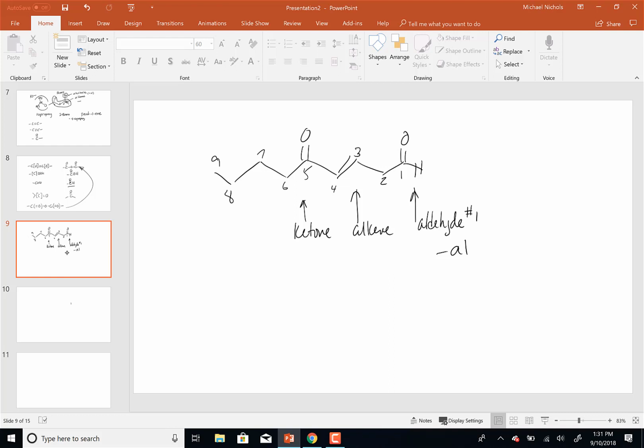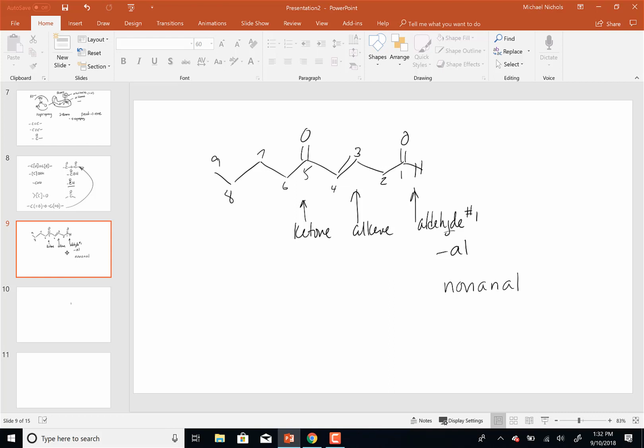Okay, so I've got 9 carbons there because I just erased the last one. That's going to make this a non-al, except, well, we'll just leave it at that for the moment. So that's where the AL goes. The AL goes after the total number of carbons in the longest chain.